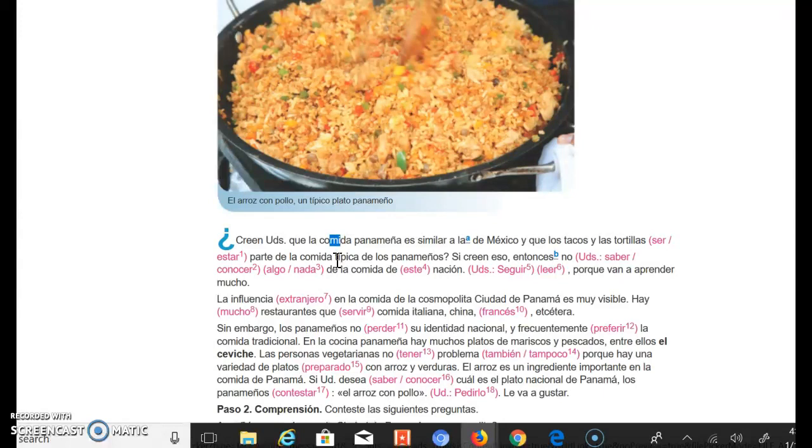So that's naturally occurring stress. If a word ends in a consonant, like similar, then you stress the last syllable. And that includes all of the infinitives: comer, trabajar, estar, seguir, leer, saber, cualquier infinitivo, whatever infinitive you have, you would stress the last syllable for that.